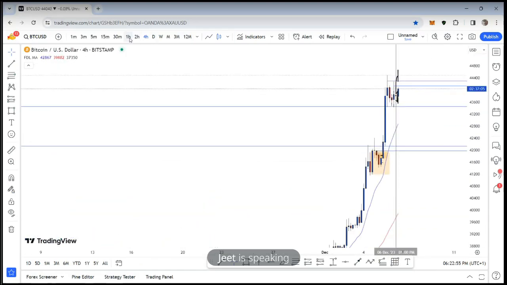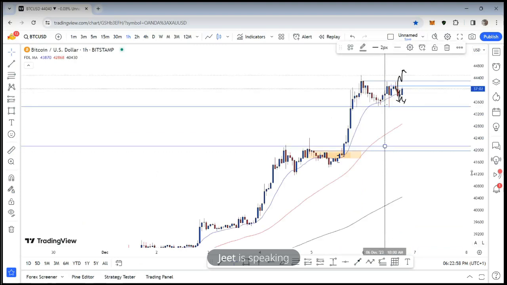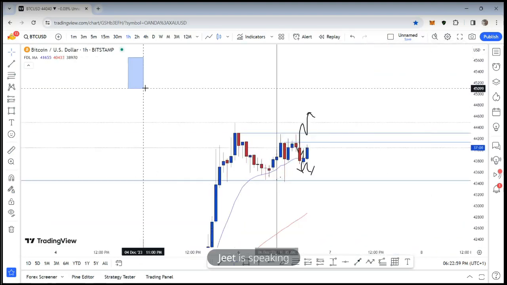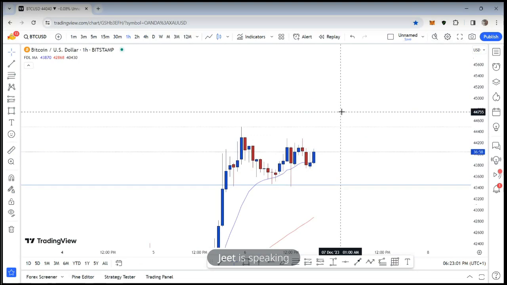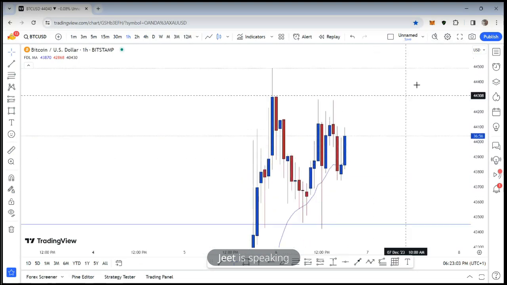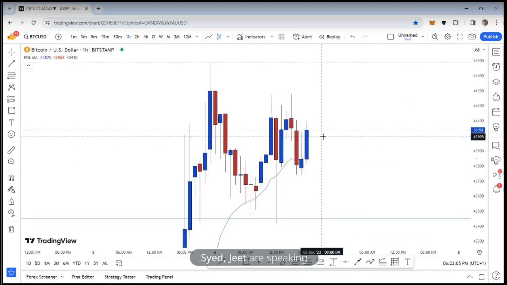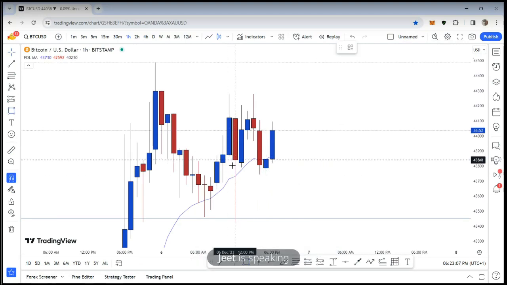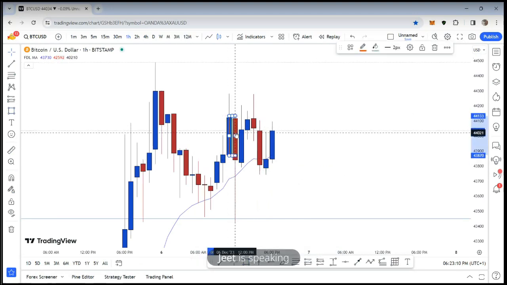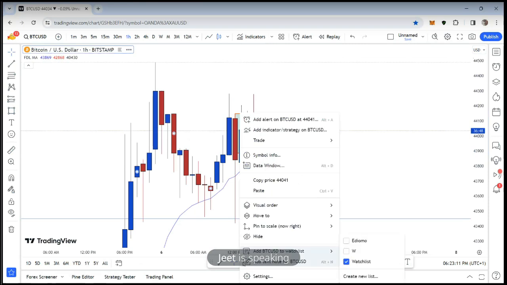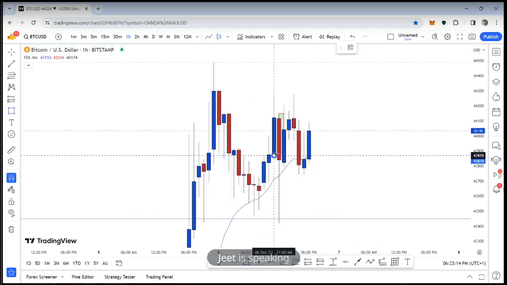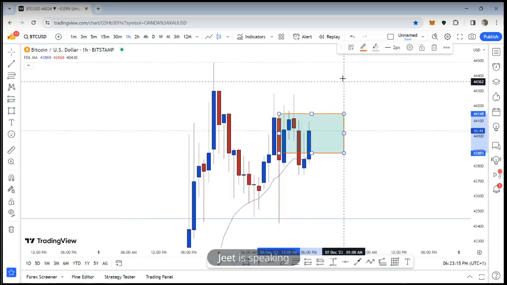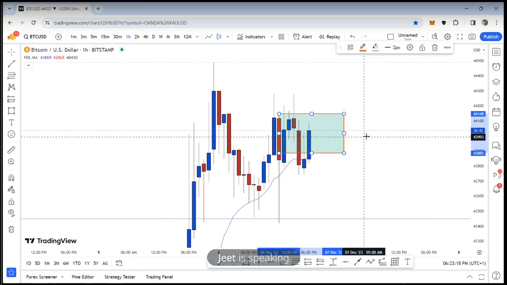There is a zone I wanted price to break on BTC. I wanted price to break this zone right here, but price did not break that zone.